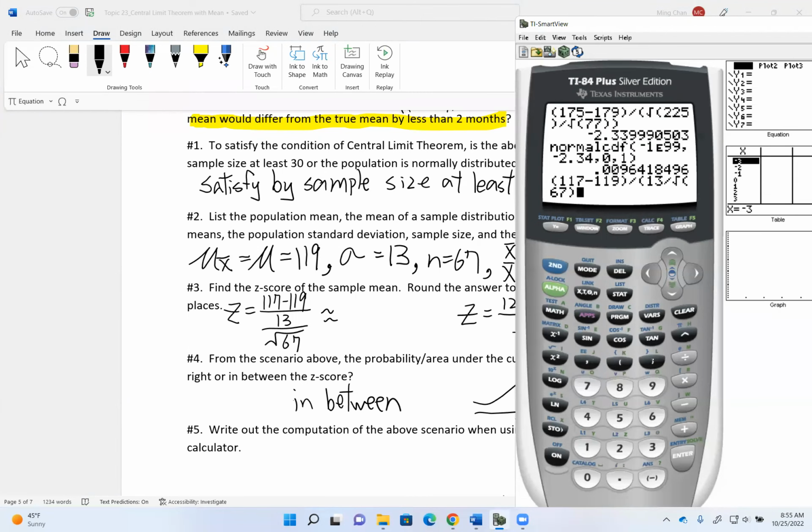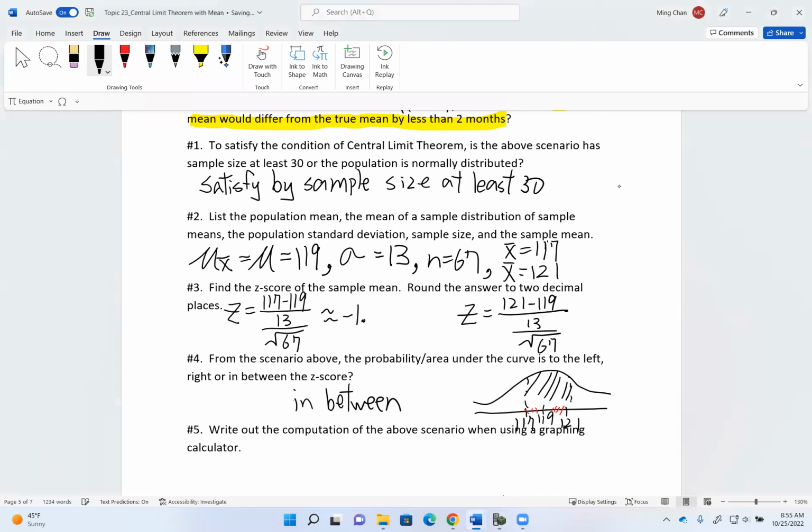That gives negative 1.26. So if 117 is negative 1.26, then 121 has to be positive 1.26, the same distance from the true mean.